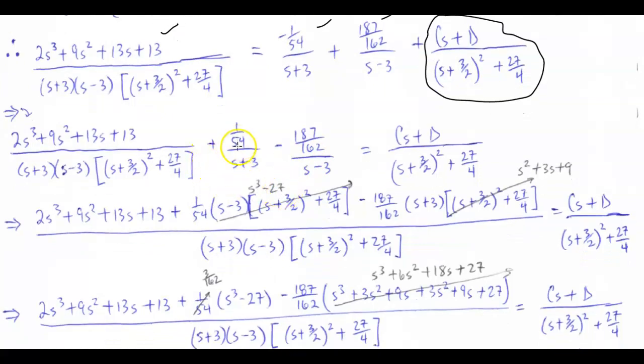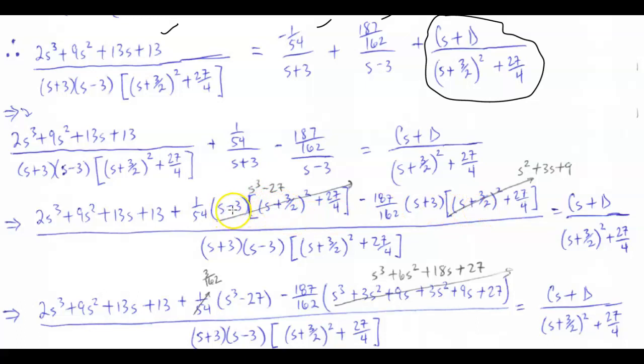So here, for this particular term, I am missing the s minus 3 and this quadratic factor here, so I multiply those two factors to the numerator. And for this one, I'm missing the s plus 3 and the quadratic factor, so I multiply that.